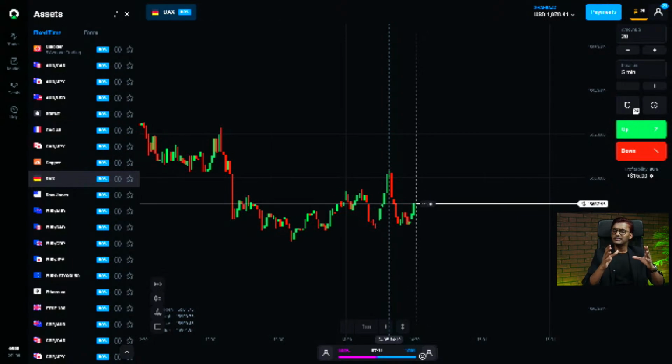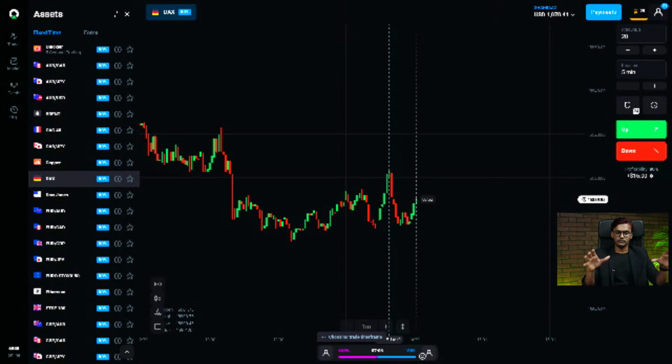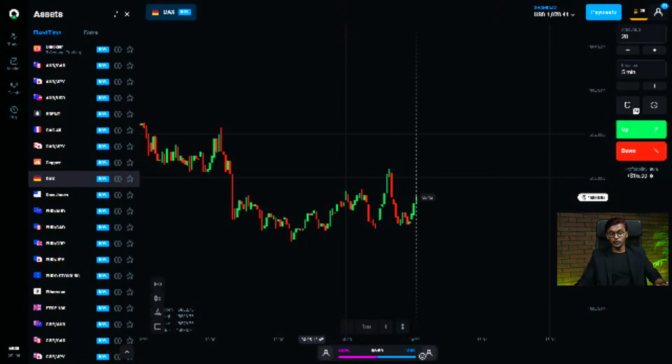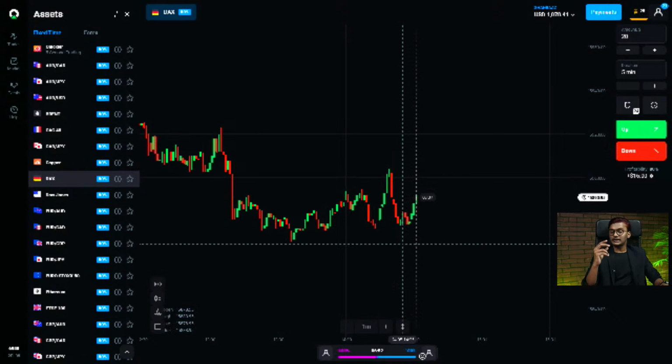So guys, always be updated with what is going on in the world of finance and marketing, in the world of trading to be specific. If you know, you can actually take advantage. I know that these graphs are in a consolidation phase, and I know that after 2 hours this graph will become volatile.